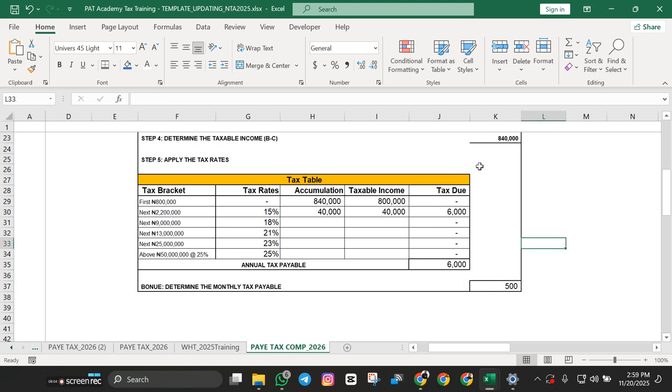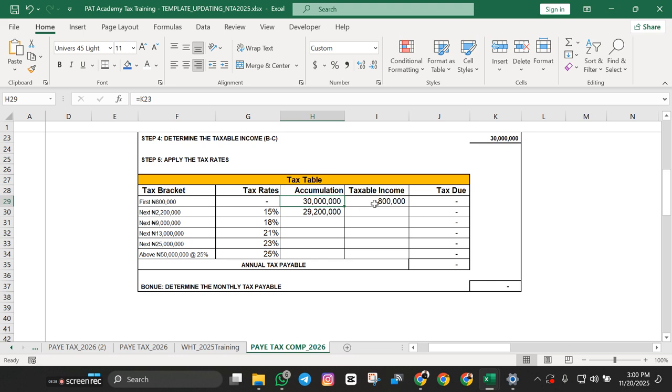Now let's assume that this person earns about 30 million naira annually. Let's determine how much this person is due to pay.